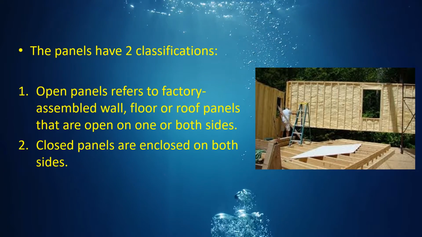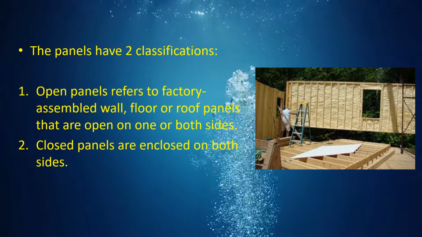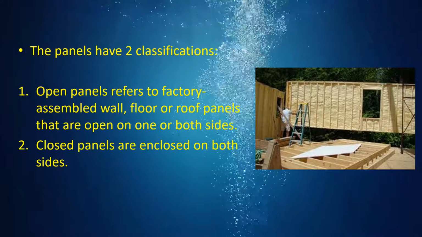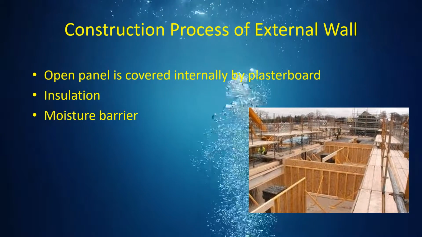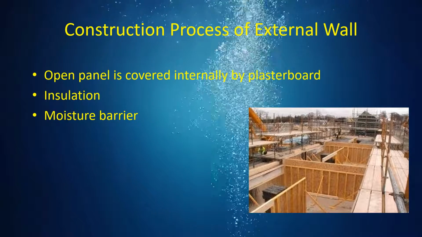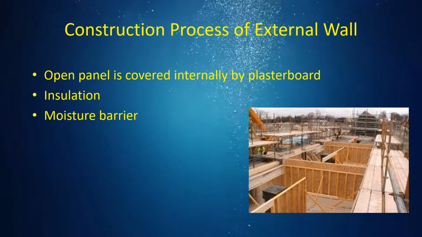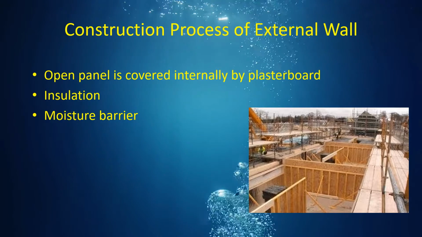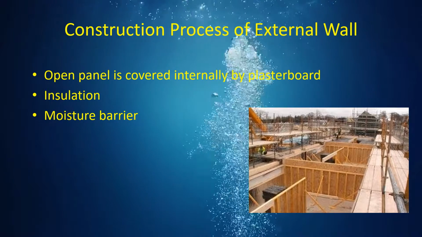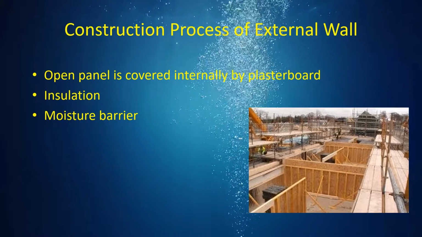Number 2, closed panels are enclosed on both sides. During construction, open panel timber frame is covered internally by plasterboard, filled with high-performance insulation, and a moisture or vapor barrier is incorporated.